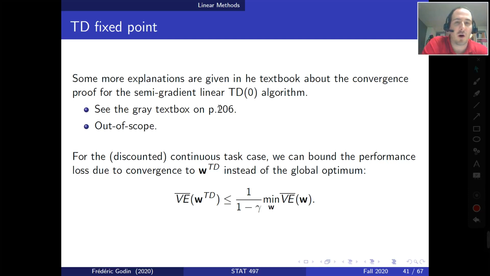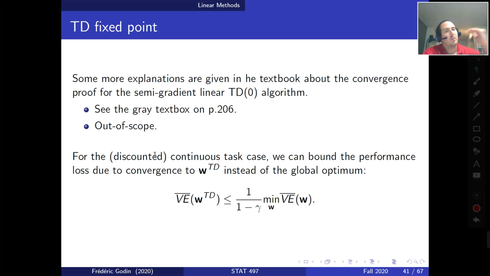So you can go on page 206 of the textbook, read the gray text box and get additional information about that. But for our purposes, we'll leave that out of scope. It's enriching if you want to look at it, but I don't expect you to do so if you, for example, don't have time to do that.